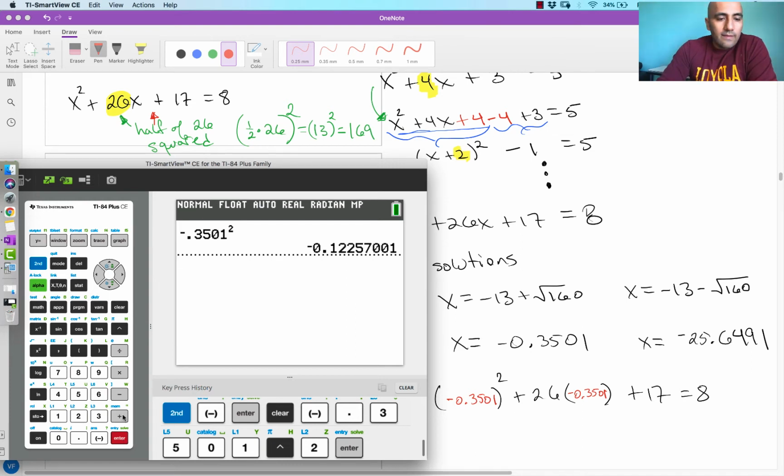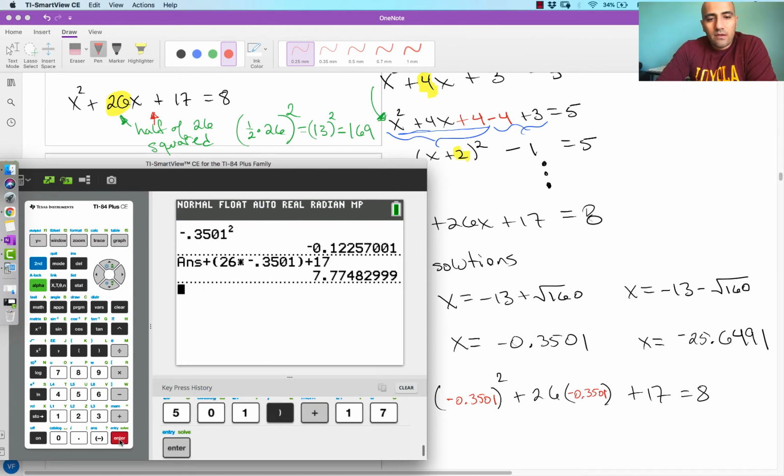And then plus, in parentheses, I'm going to put 26 times negative 0.3501, close parentheses, plus 17, and this should be pretty close to 8. Keep in mind, I did round. Okay, so the rounding is a real issue here.